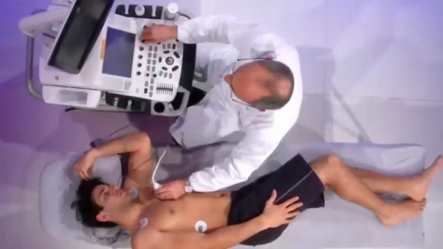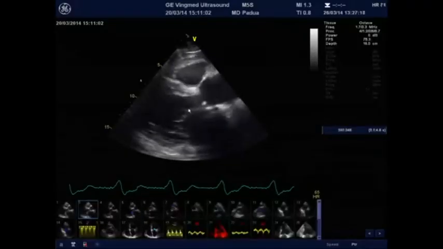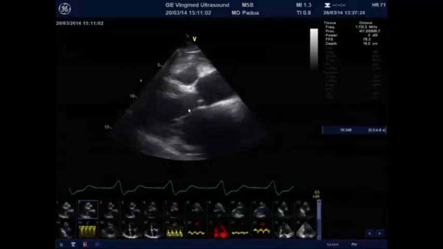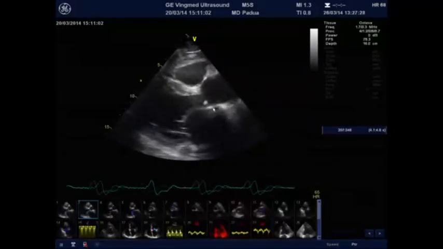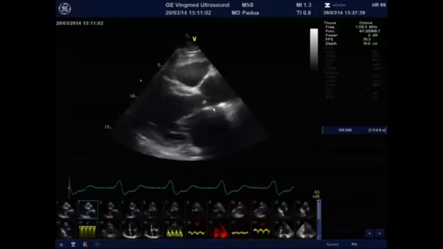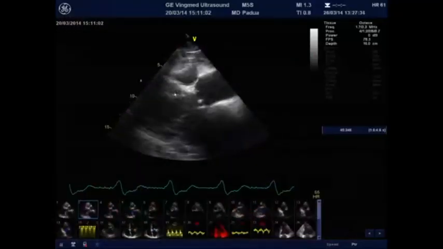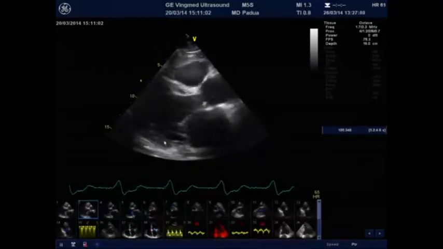Or you can do an even better job when you use the M mode to measure the thickness, because the temporal resolution is higher. Usually it's quite difficult using conventional M-mode technology to have a perfect perpendicular alignment of the M-mode beam to the direction of the interventricular septum and the inferolateral wall.